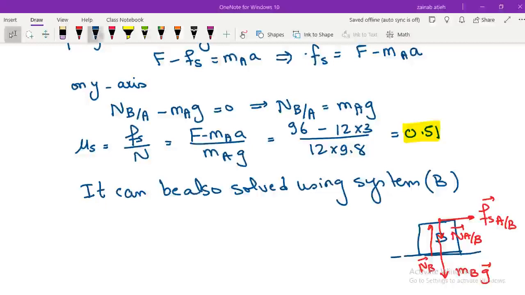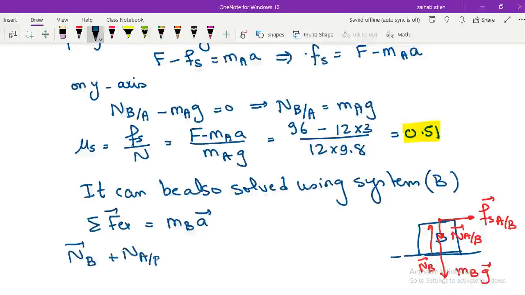Now let's apply Newton's second law for block B. Sum of F external is equal to MBA. So we have four forces. They are N exerted by the ground on B plus N exerted by A on B plus static friction exerted by A on B plus MBG.